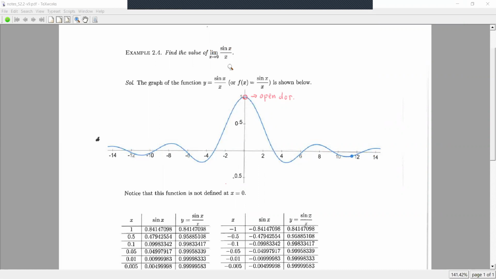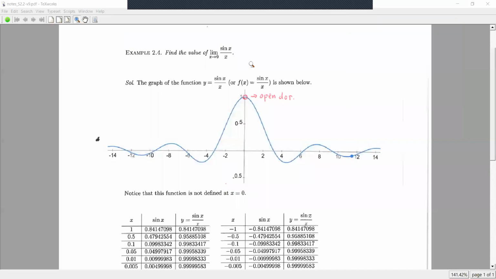Now the question is, as independent variable x approaches 0, what number this function will approach? From the graph, as x approaches 0, the graph approaches this point. The height of this point is 1. Therefore, this limit is equal to 1.